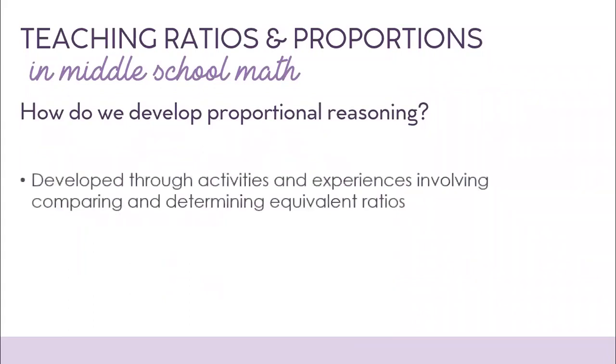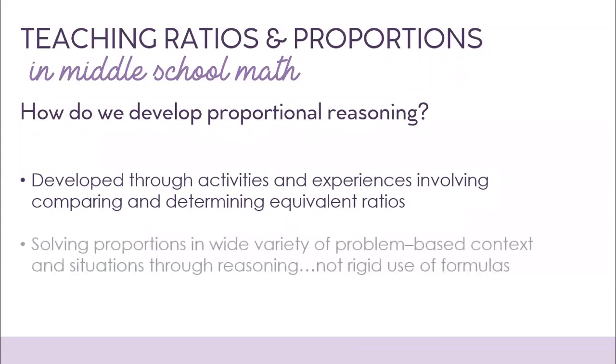The authors suggest that proportional thinking is best developed through activities and experiences that involve comparing and determining equivalent ratios and solving proportions in a wide variety of problem-based contexts and situations, through reasoning, not through the rigid use of formulas.